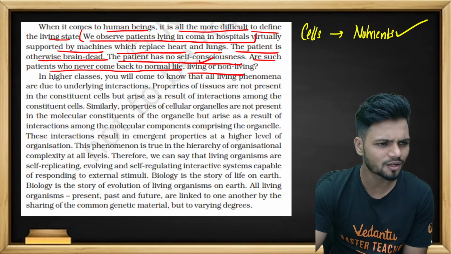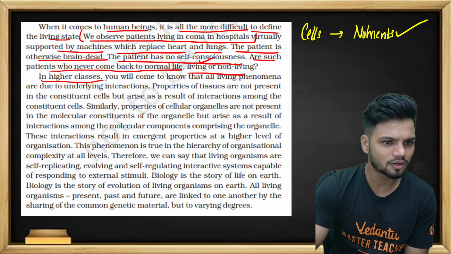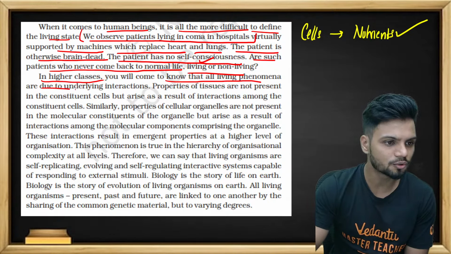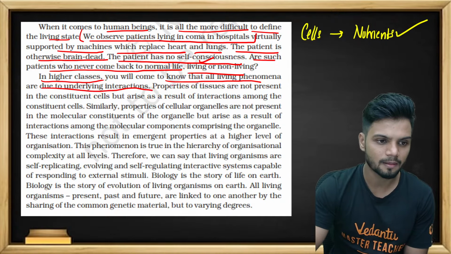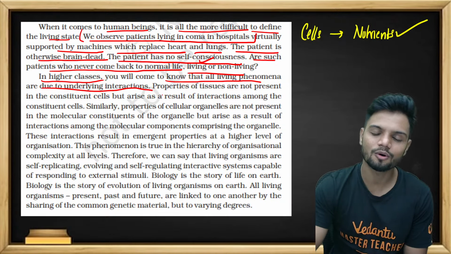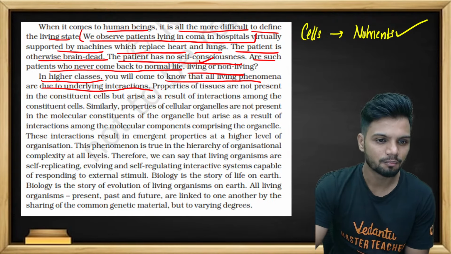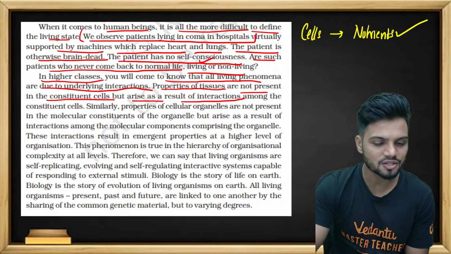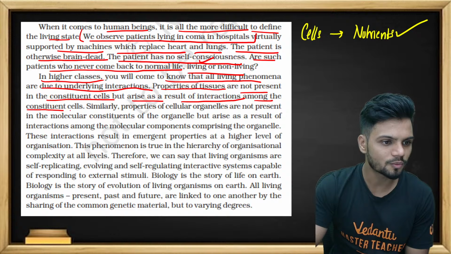Now, in higher classes, you will come to know that all living phenomena are due to underlying interactions. It could be commensalism, amensalism, mutualism, all that you learn in class 12th. Properties of tissues are not present in constituent cells but arise as a result of interaction among the constituent cells.